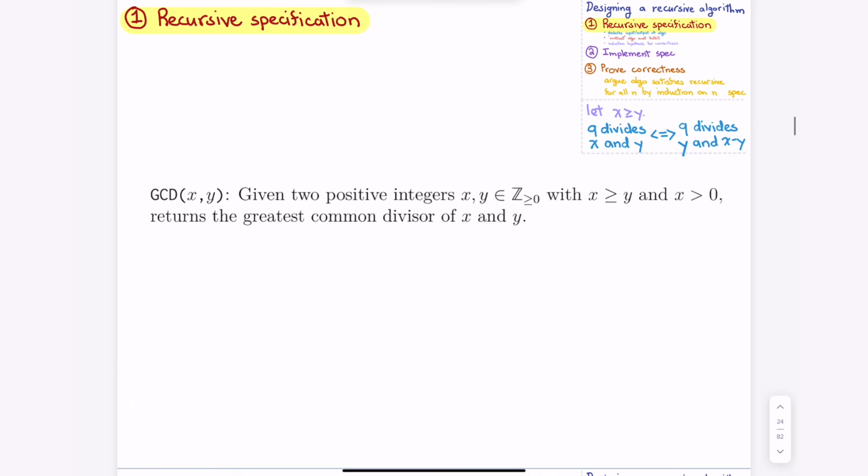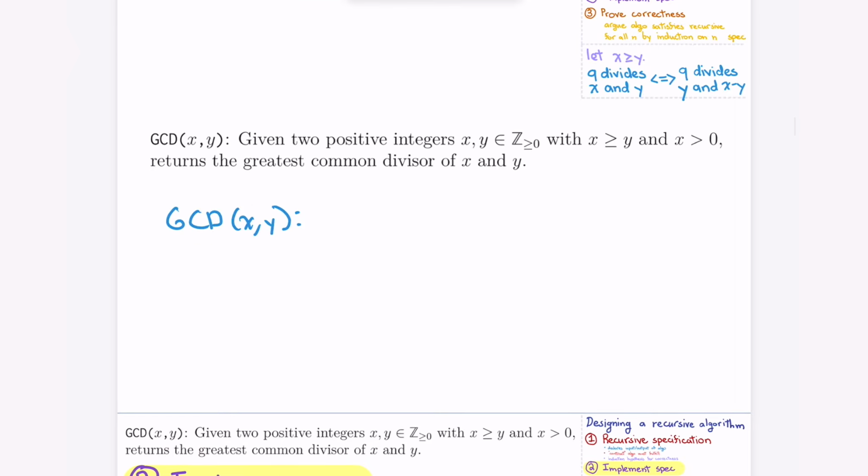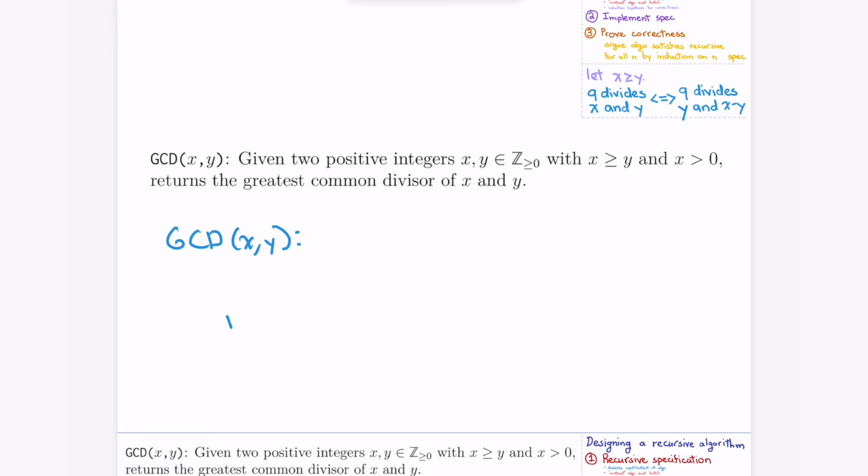Does anyone want to implement it, based on Euclid's amazing observation? You would take q to equal the difference of x and y, and then you would just call GCD again. Well, whichever one is the highest, x, and the lowest. I think at a high level, you want to do something kind of like this: y, x minus y.